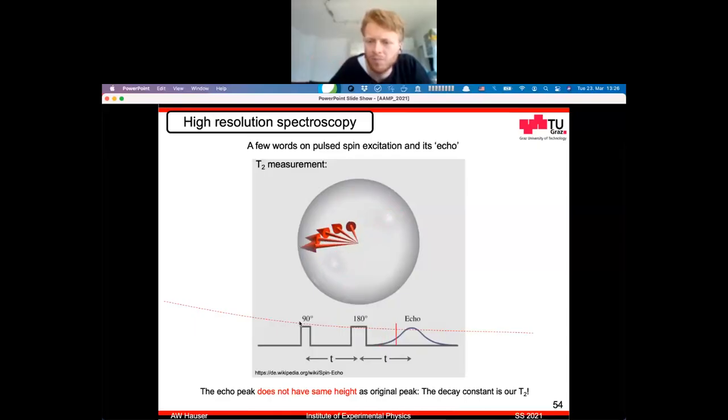This weakening boils down to a difference in the signal strength between the first peak and the echo after, if you repeat this by a 180 degrees pulse, so you can watch how the pulse height decreases. You make an exponential fit and derive your relaxation time directly from this fit, basically.